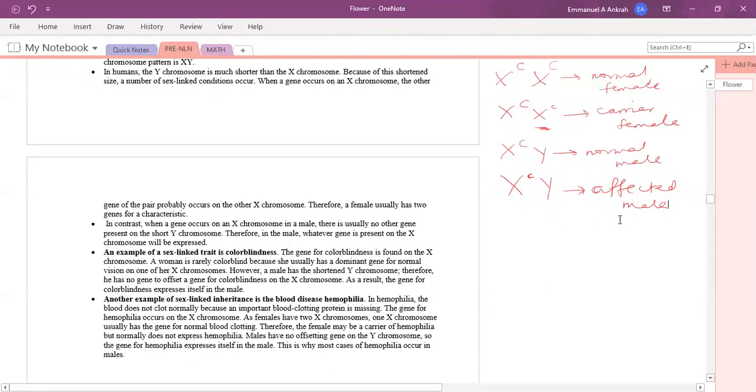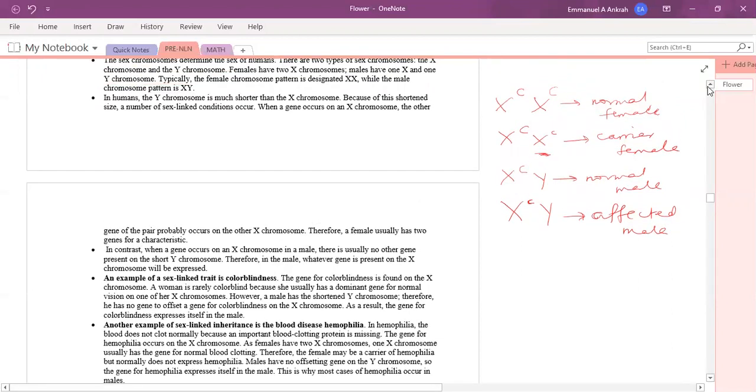So it's very similar to what I've just discussed. If the female has, let's use H for hemophilia, uppercase H on both chromosomes, then the person is a normal female, no hemophilia.